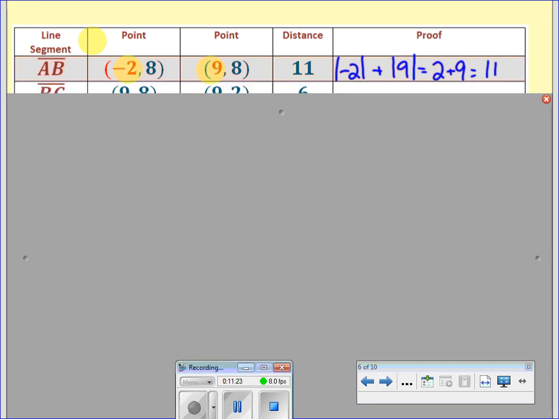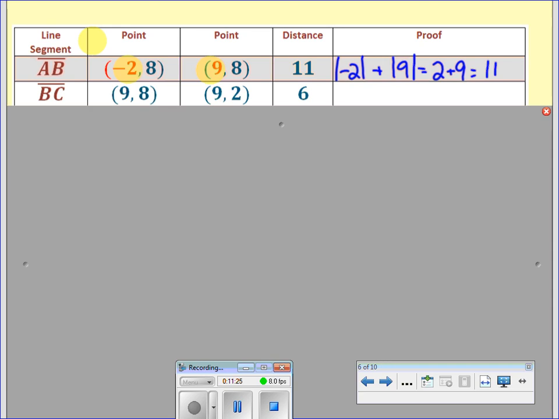Let's try another one. So we're looking at BC. Line BC goes from 9, 8 to 9, 2. So now I'm going to highlight my y coordinates. Because my y coordinates are different, I have a vertical line. Did my vertical line cross an axis? No, because they're on the same side of the axis, and I know that they are on the same side because they have the same sign.